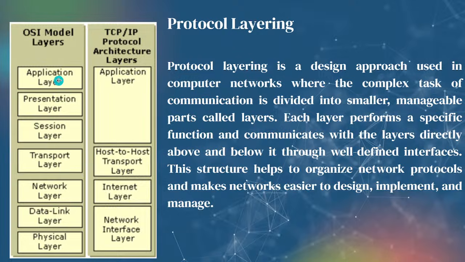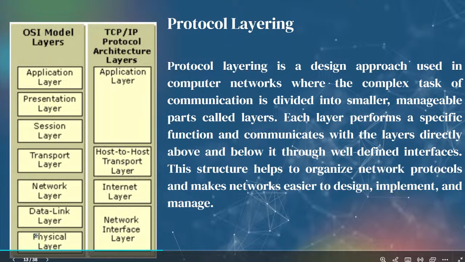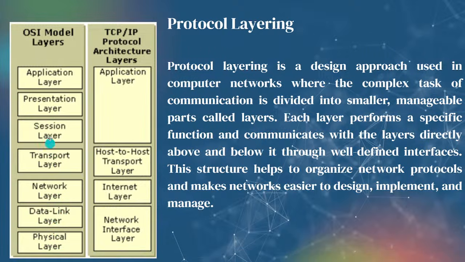So if the sender sends information, it comes to the application layer, then presentation, then session, then transport, then network, then data link, then the physical layer. And when it comes to the receiver end, first it comes to physical, then data link, then network, then transport, then session, then presentation, and finally reaches the application layer.